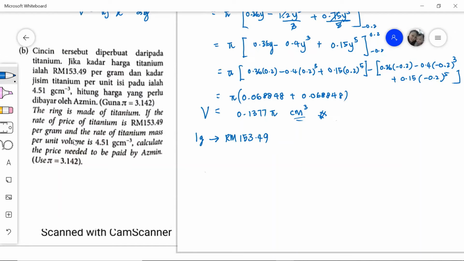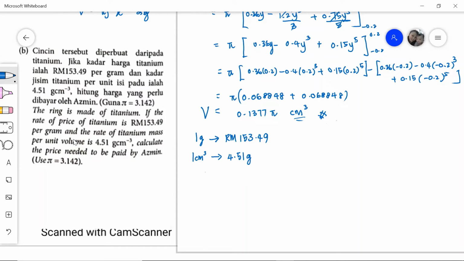And the rate of titanium mass per unit volume is 4.51 gram per cm cube. What does that mean? It means 1 cm cube in terms of volume of the titanium gives a mass of 4.51 gram. So over here, we need to calculate the price needed to be paid by Azmin.